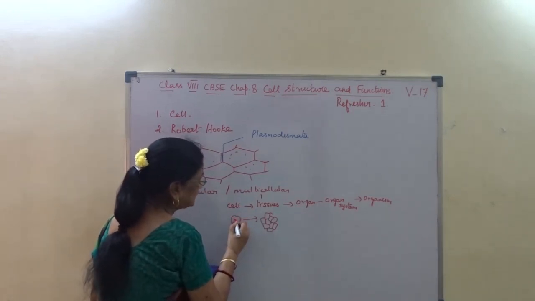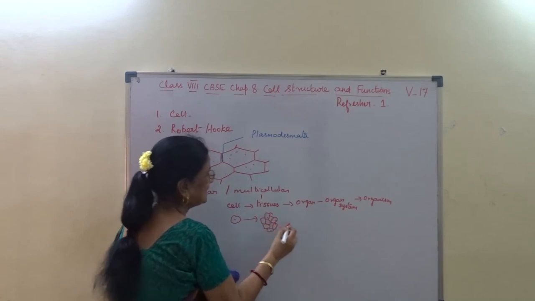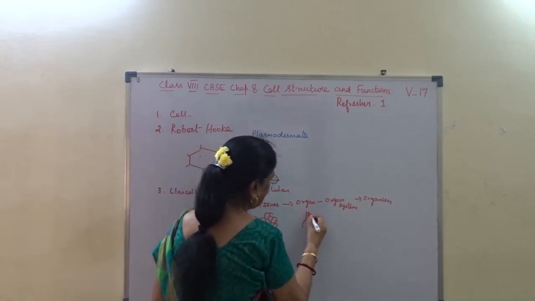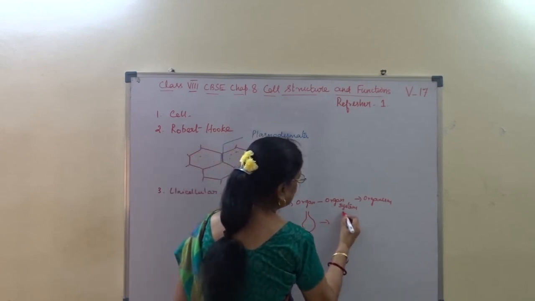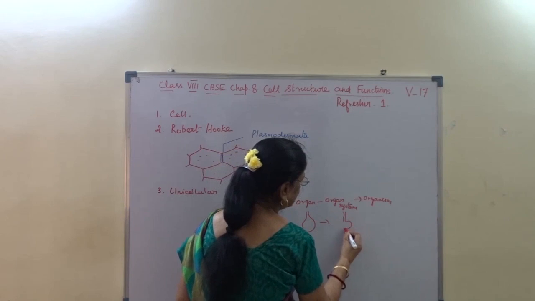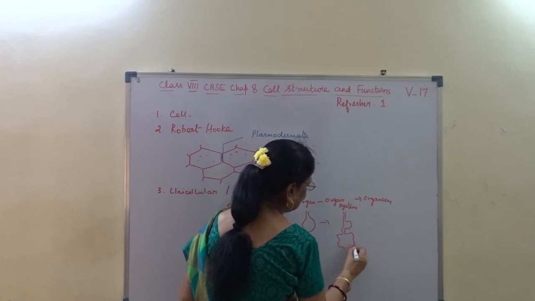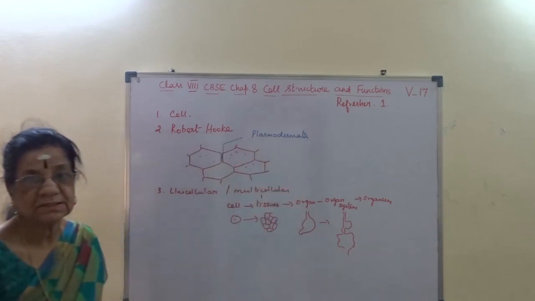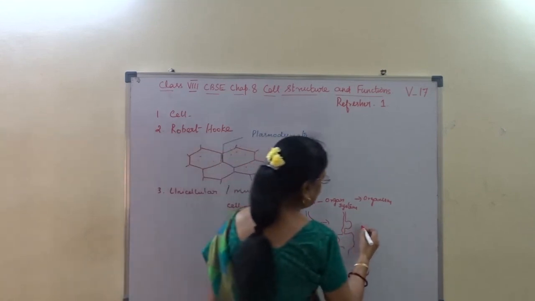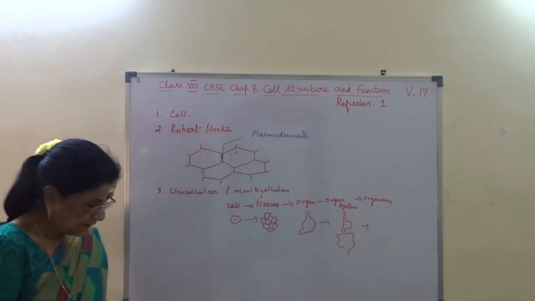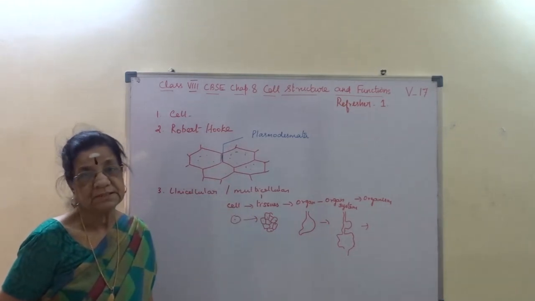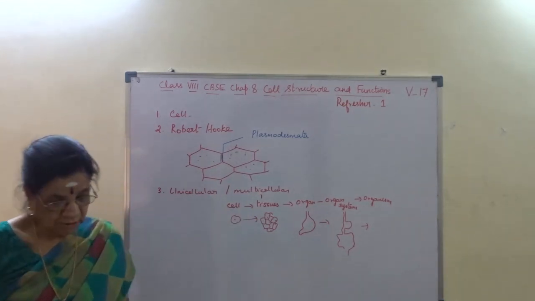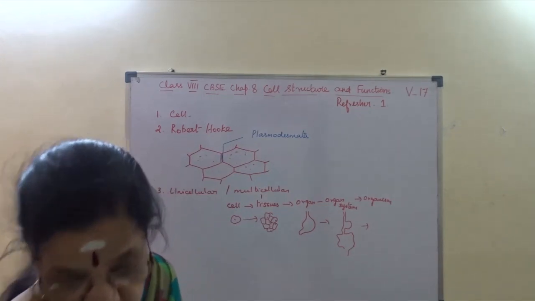Okay, this is cell, these are a group of cells, and then இது வந்து organ, இது வந்து organ system. நம்ம digestive system படிச்சிருக்கோம்ல, இது வந்து organ system, and then that goes with the organism. Like that, different organ systems form the organism. This is multicellular organism. I hope you are able to follow.